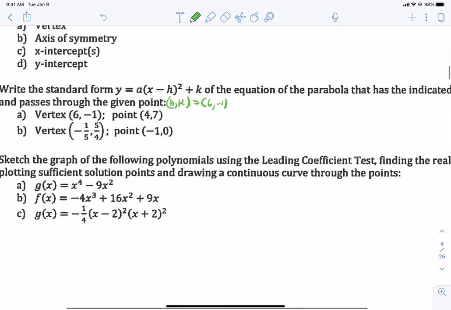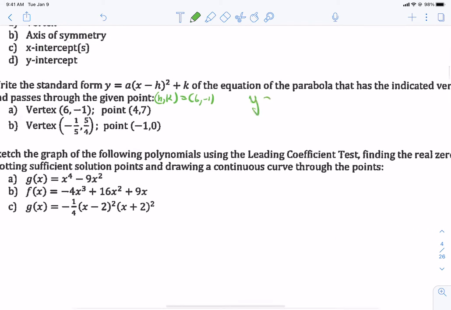So let's put that in, okay? So we get y equals a times x minus 6 squared minus 1. Do you see how the 6 changed signs? Because it's in the parentheses, but the 1 does not, because it's outside the parentheses. Okay, so all I did was put that in.